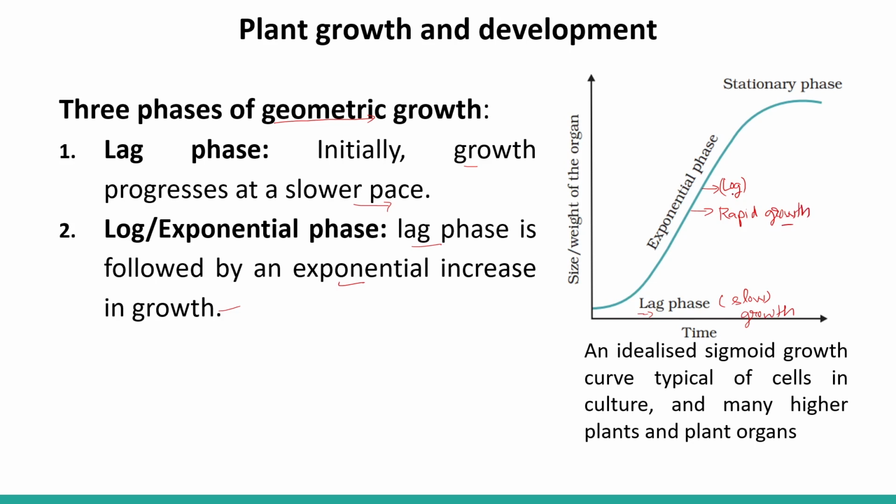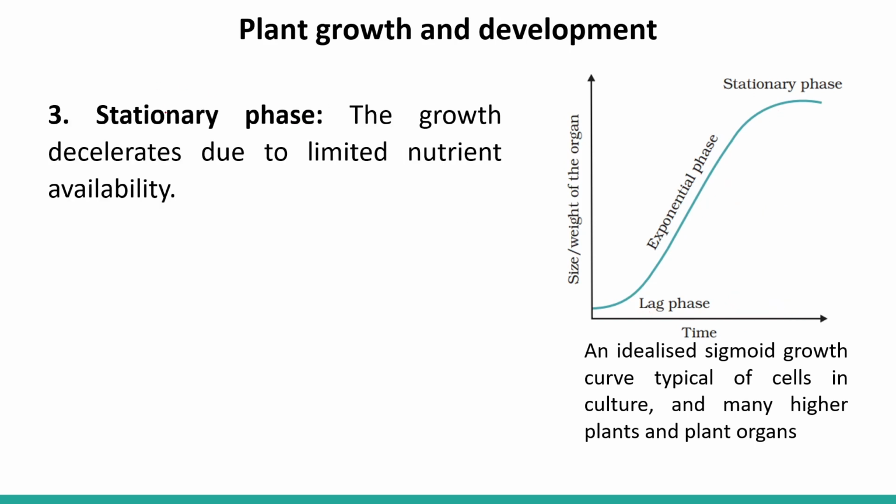Then after the exponential phase, what happens? Then we have the stationary phase. During the stationary phase, the growth decelerates, which means it slows down. Why? Because there is a depletion of the nutrients, or you can say limited nutrients are available.